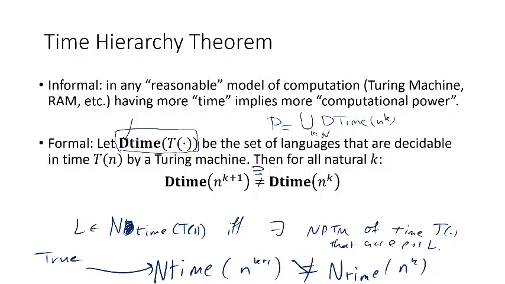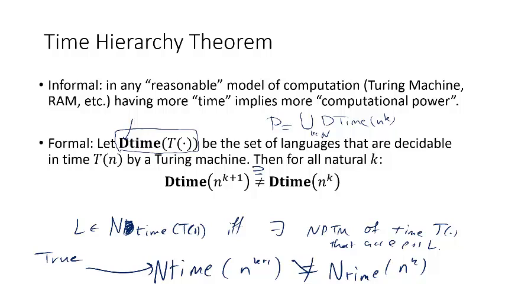I want to see whether you are getting the main message of this theorem for the non-deterministic case. For the deterministic case, it's pretty clear. Yeah, it just says the problems that you can solve in time n to the k plus 1 form a bigger set. Yes. What does it mean here then? Given more time, we can find languages with longer witnesses. Given larger witnesses, we can decide more languages.